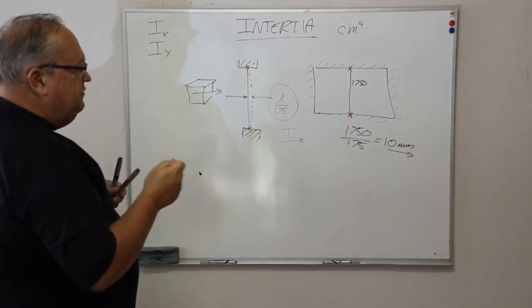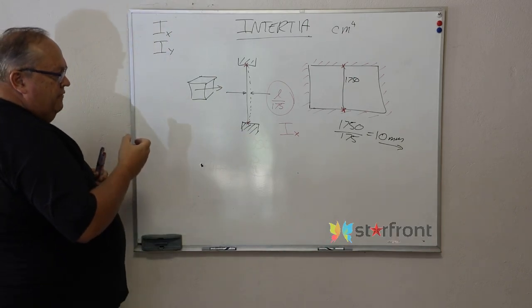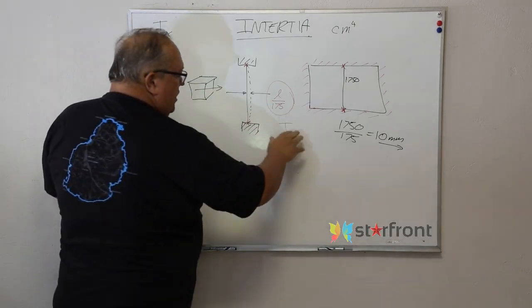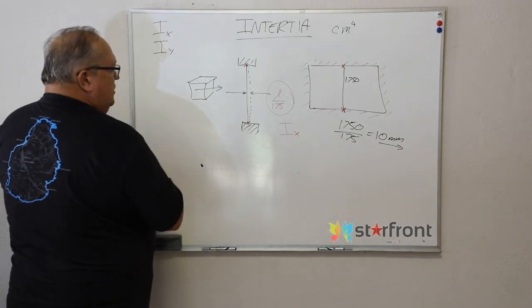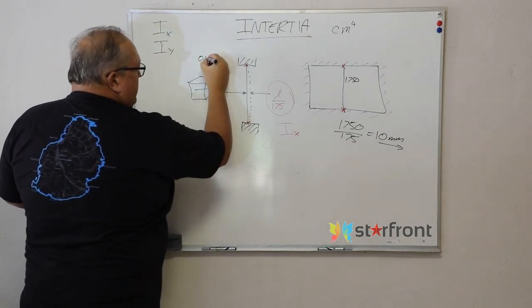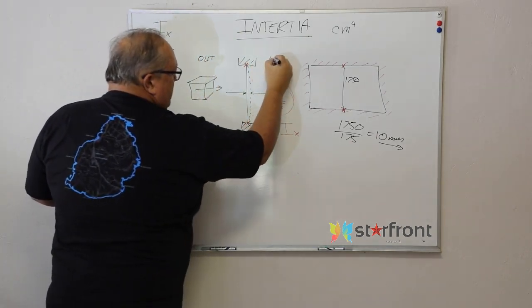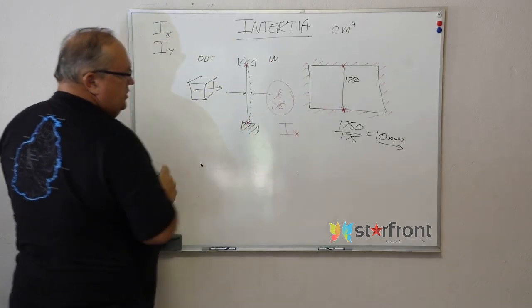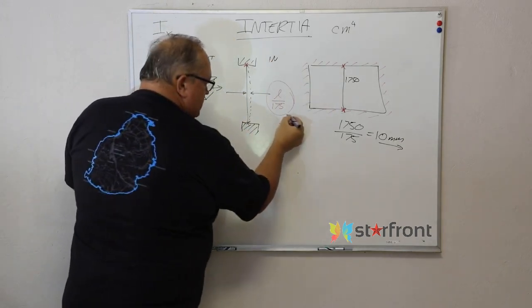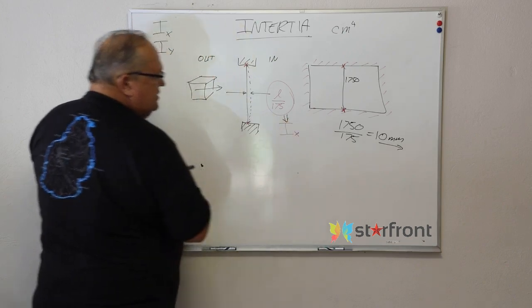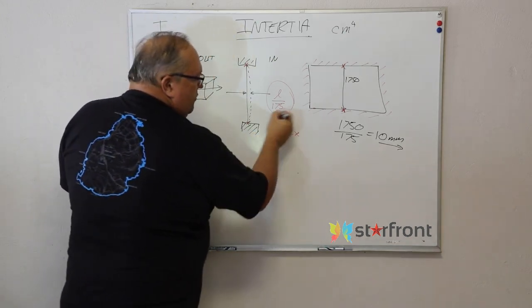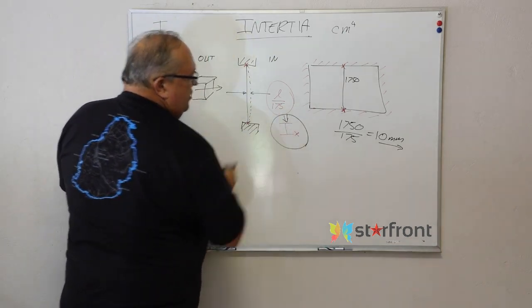A minimum stiffness that that profile must have in the X direction, and we always consider the X direction between the outside of the window and the inside of the window. That is our X direction. I need to convert this length over 175 into an equivalent minimum Ix value.